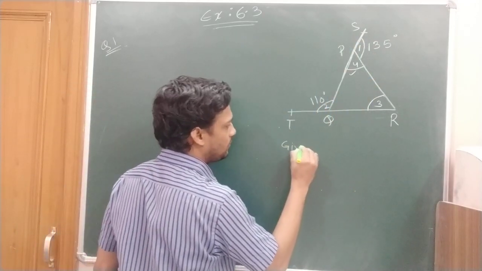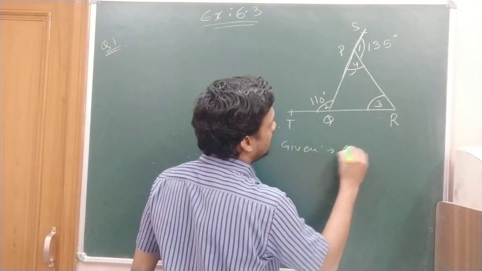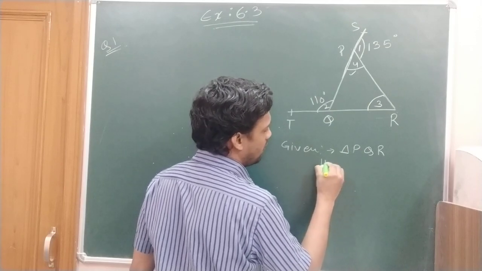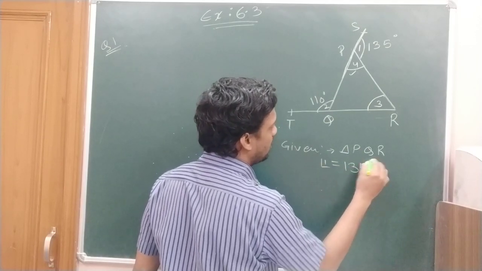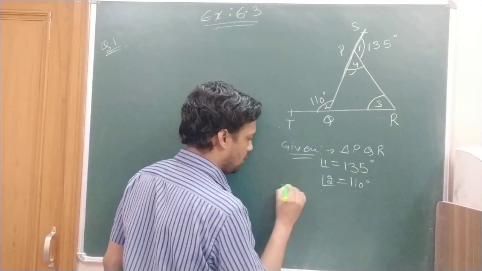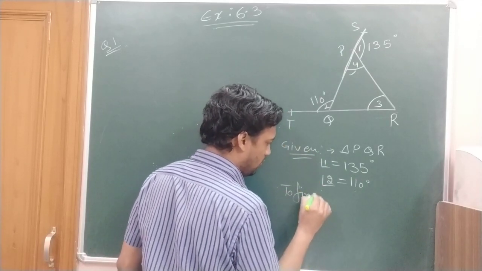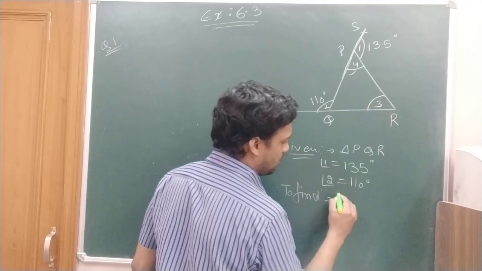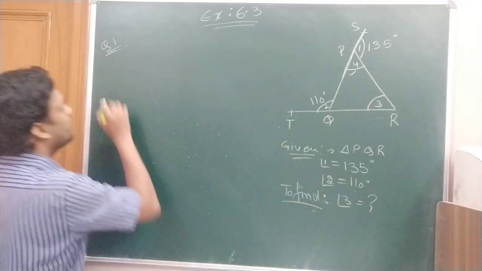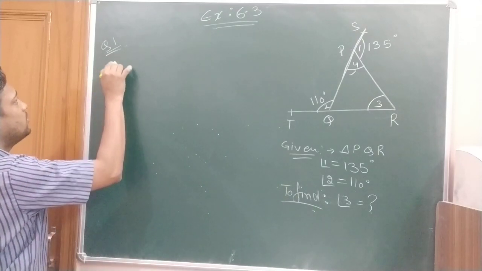First of all, given triangle PQR, angle 1 equals 135 degree, angle 2 equals 110 degree. We have to find angle number 3. Now solution.